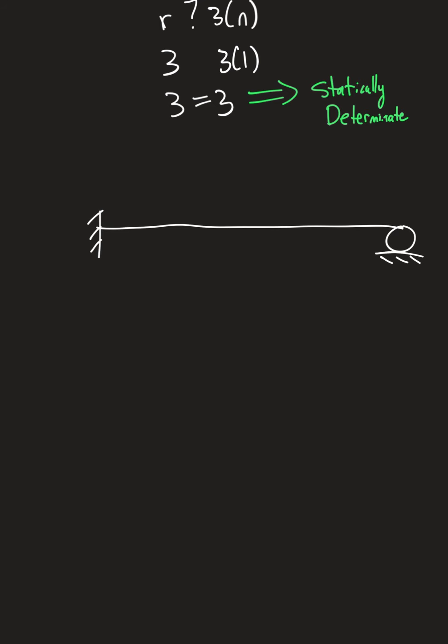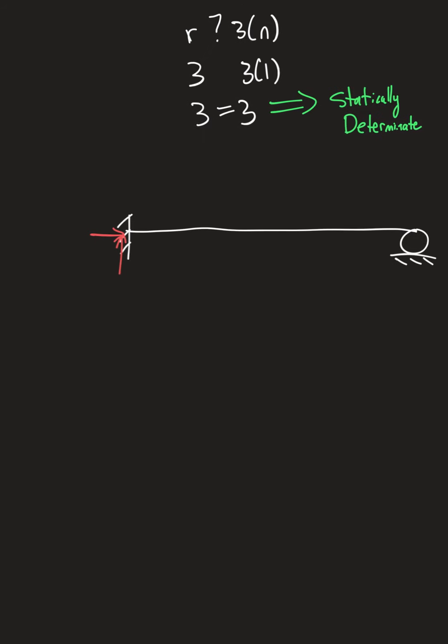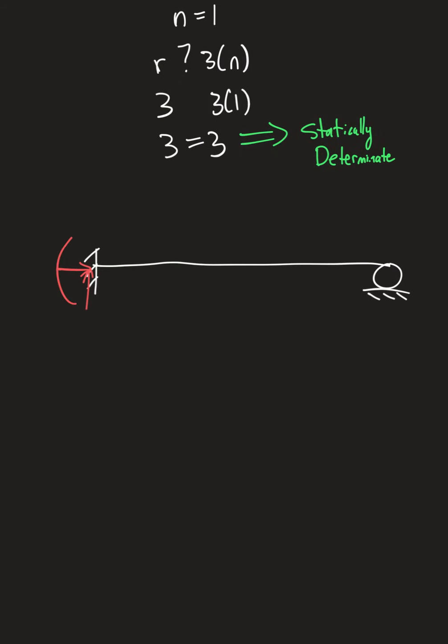And if we start off, let's draw our reactions again. So the fixed end is going to have a vertical force, horizontal force, and it's also going to have a moment. So 3 reactions there. The roller, remember from before, is just going to have the one vertical reaction.